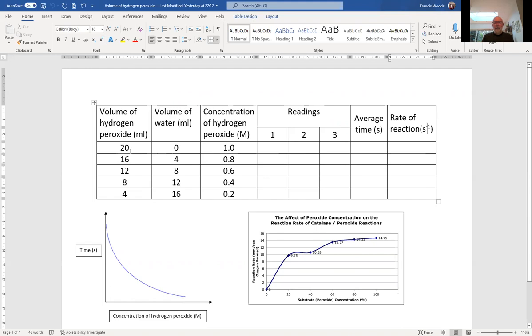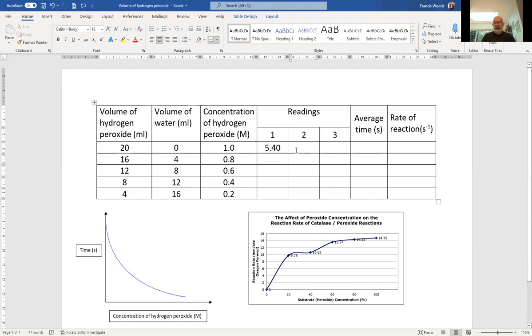Now, if you look at the concentration, I've gone to 1 decimal point here. In here, I would go to 2 decimal points. And if all of these are in decimal points, even if it was something like, so if I put in 5.40, I have to keep it as 5.40.